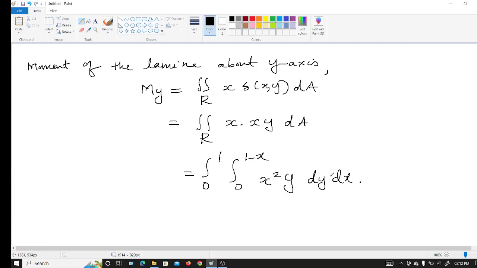Now you can integrate this. So this is equal to integral 0 to 1. Now first we can integrate with respect to y. So x square is a constant. So x square into integral y, that is y square by 2, and here y varies from 0 to 1 minus x, dx.